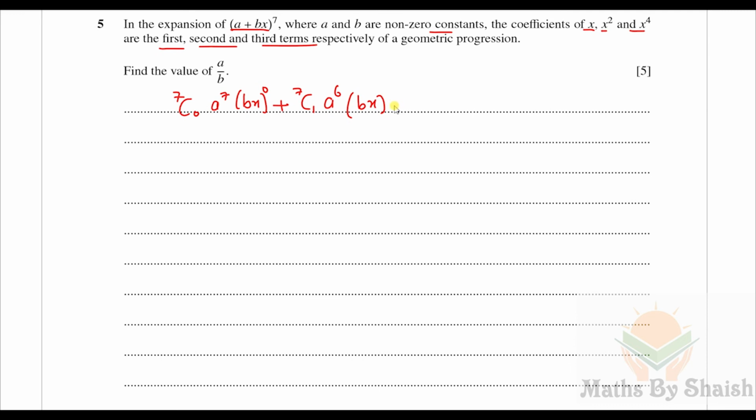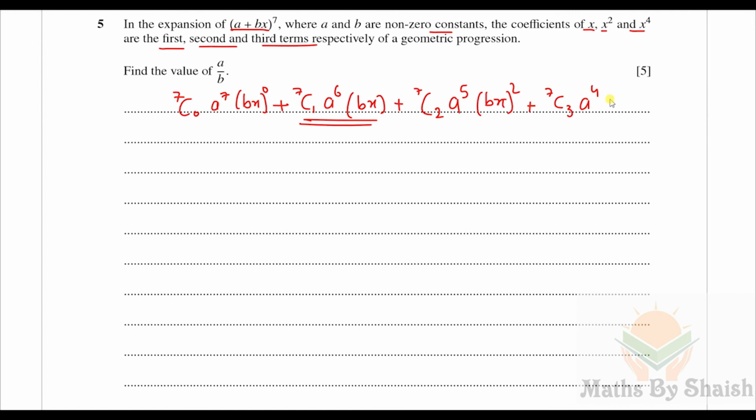For the second one, 7c2 a raised to the power 7 minus 2, that is 5, and (bx) to the power 2, which gives the coefficient of x square. Then the third one is 7c3 a raised to the power 4 and (bx) to the power 3.